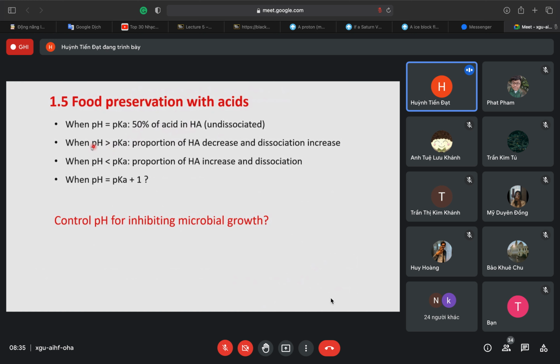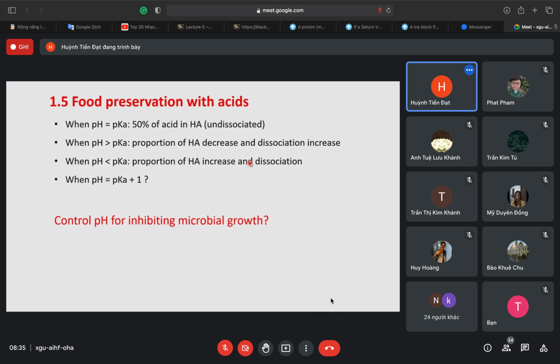When the pH is over the pKa, the proportion of HA decreases. This means not much in the acid form, more ions. The dissociation increases. When the pH is less than the pKa, low pH, the proportion of HA is increased.